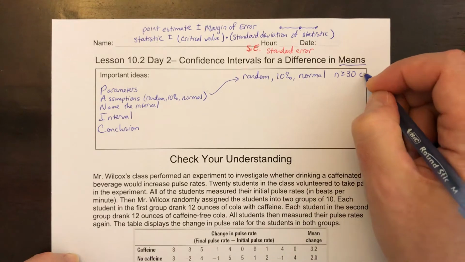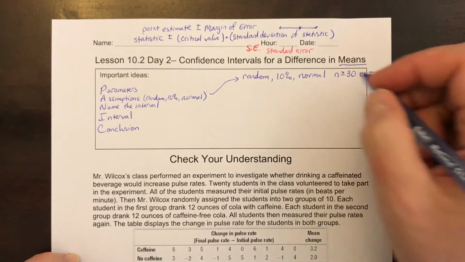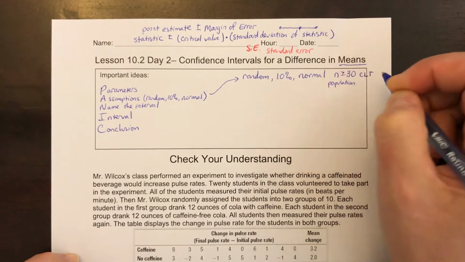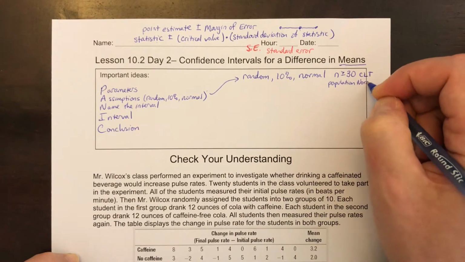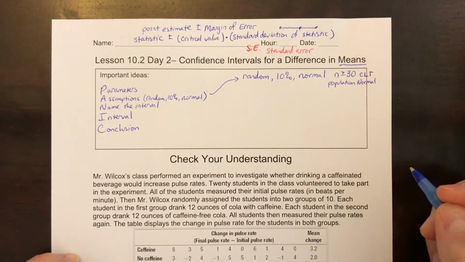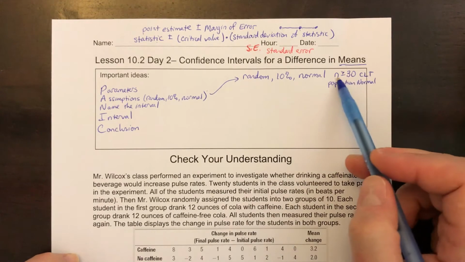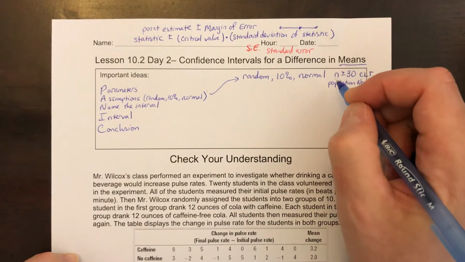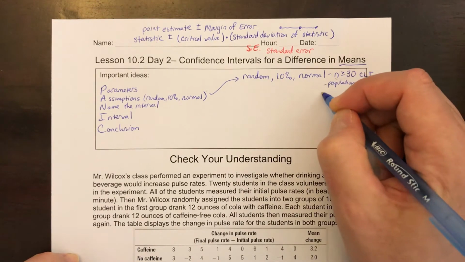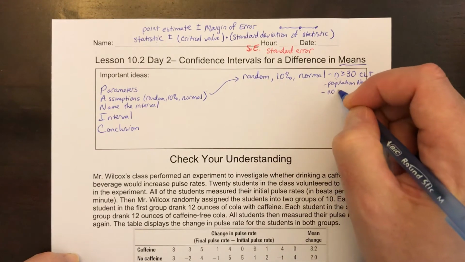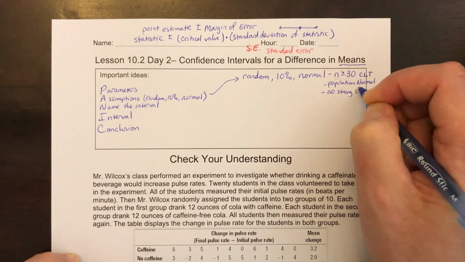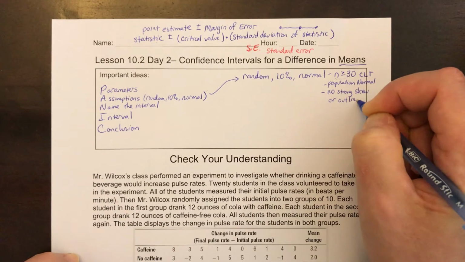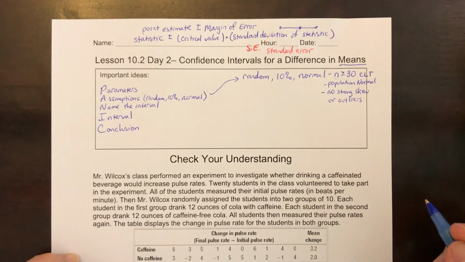That's the central limit theorem. Or they tell us the population follows a normal distribution. Now, most times we're not going to deal with that situation. So we have to know that the sample size is greater than or equal to 30. Or if we graph it and there's no strong skew or outliers, we can use a normal approximation for that.